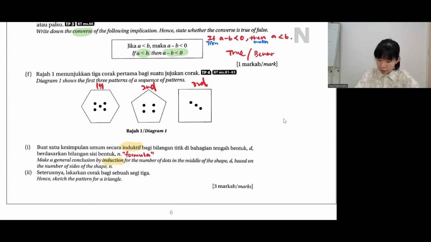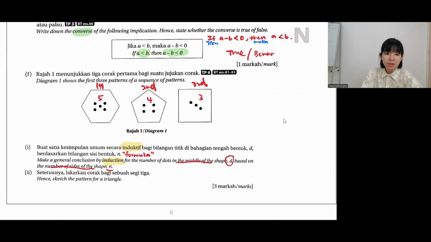Now you need to form a formula by induction. This formula is for the dots in the middle of the shape, D. So you need to form a formula D based on the number of sides N. The number of dots: see the dots, 5 dots, 4, 3. So the dots are getting fewer and fewer.